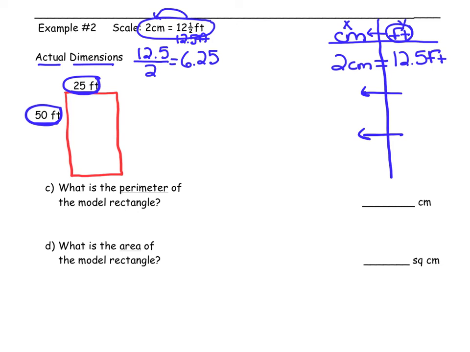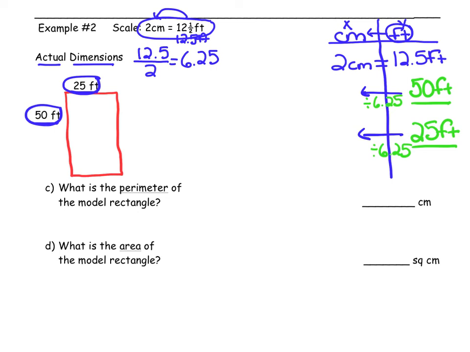Let's begin. 50 feet, which of course should go in the feet column, divided by 6.25, and 25 feet, as we work backwards, needs to be divided by 6.25. We are moving from the actual real world dimensions to the model dimensions.